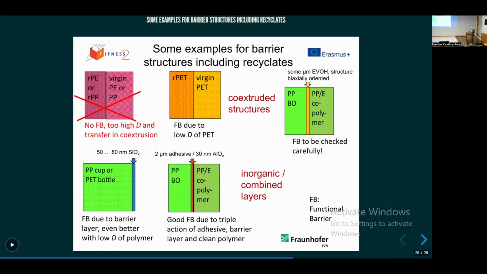Some bottles or cups are made this way. And this is the triple layer: the inorganic barrier layer, an adhesive in addition, and an outer carrier that helps to make the best barrier available if you don't use an aluminum foil. So you have some options, but also many restrictions you have to think about.